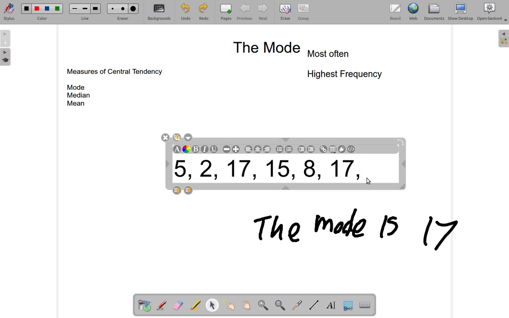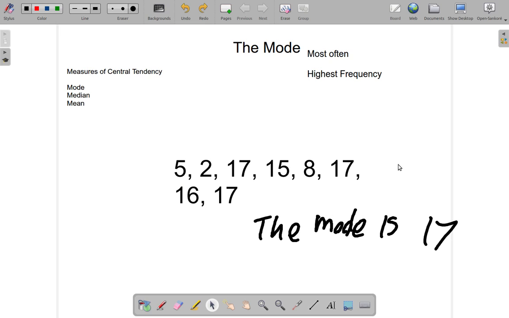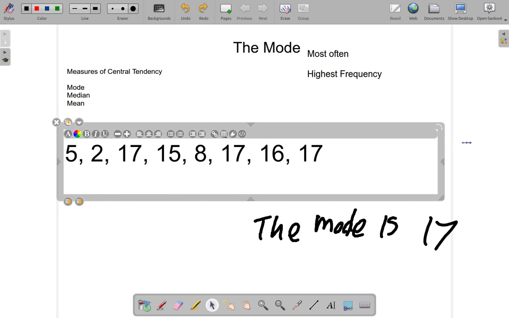I have 16, 17. Here, what is the mode? Again, I see 17 3 times, and the other numbers only once. So 17 is indeed the mode.